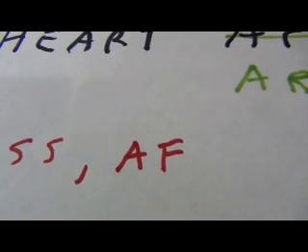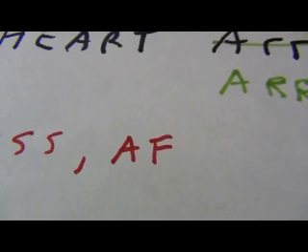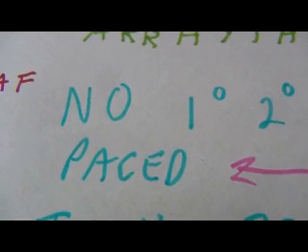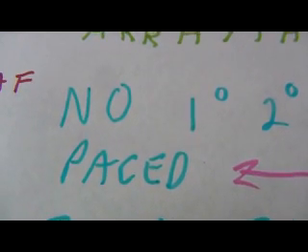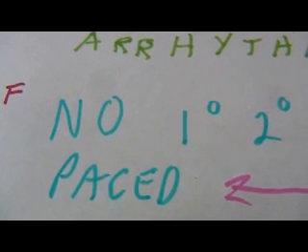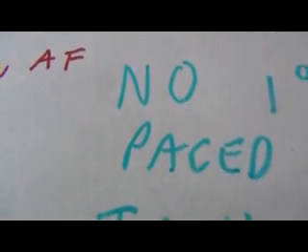Sinoatrial node dysfunction are all chronic conditions. And history of is a good reference. Dysrhythmias that don't count, like first degree block, second degree block, there aren't total heart blocks, don't count. If someone's paced, doesn't count.